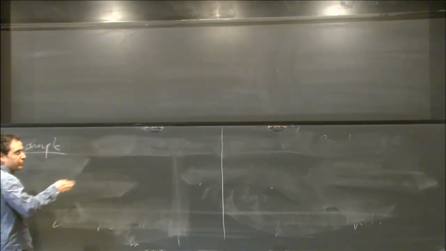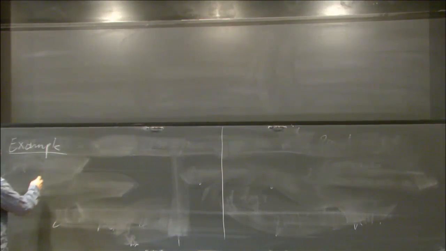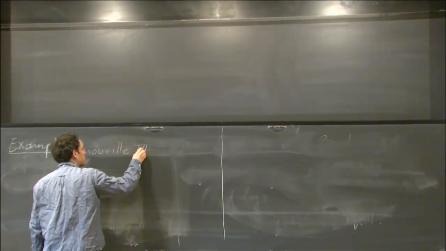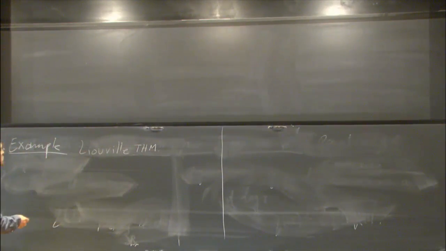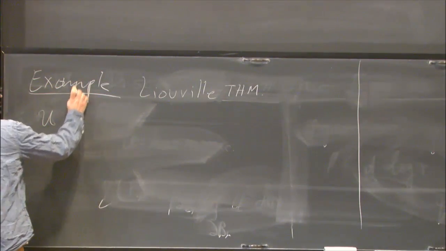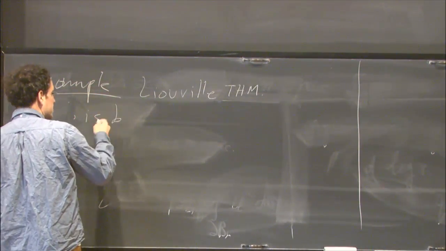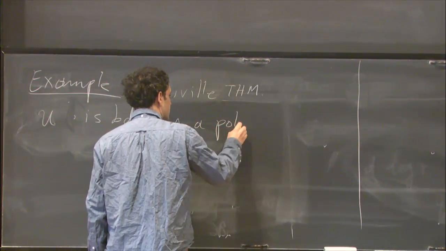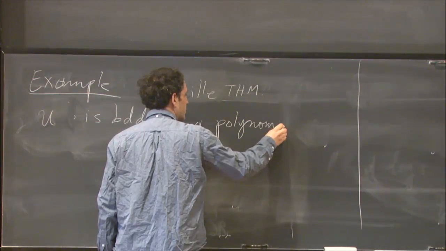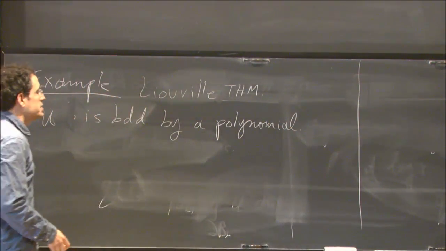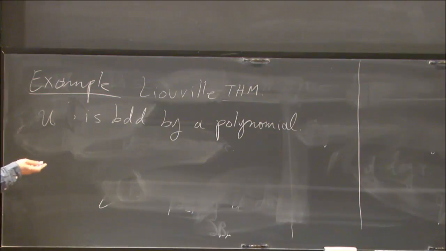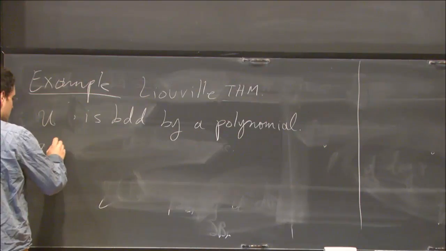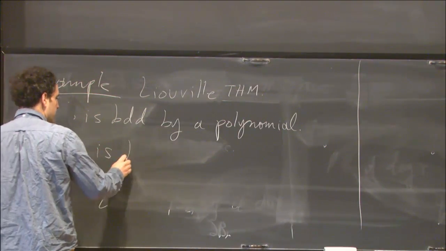An example is that, using the theorem, we have an immediate proof of the Liouville theorem. Suppose u is harmonic and bounded by a polynomial. I want to show that u is a polynomial. We consider its Q function, so Q of n is also bounded by a polynomial.